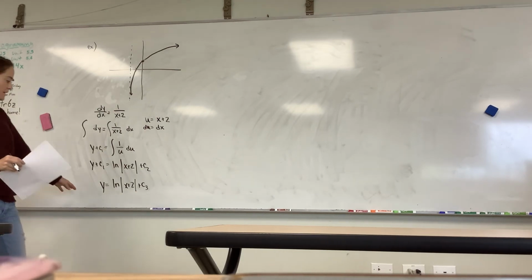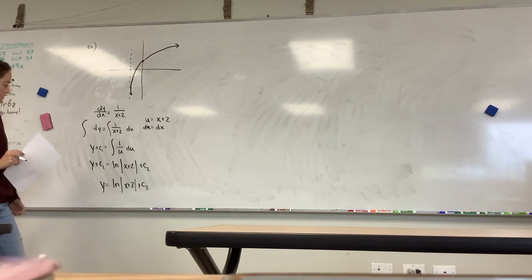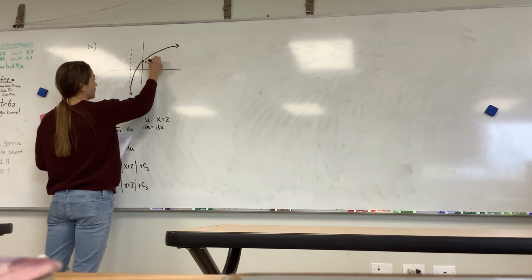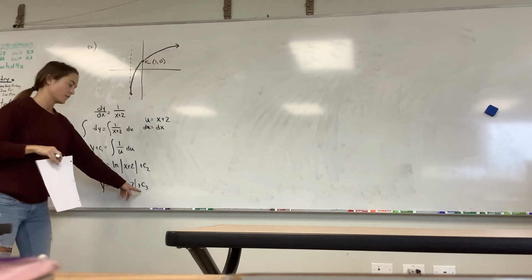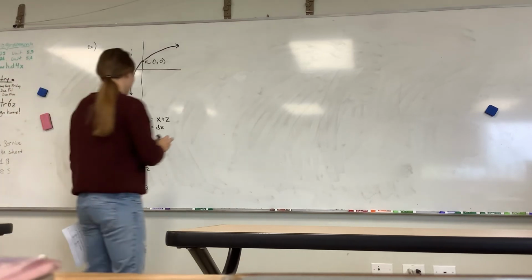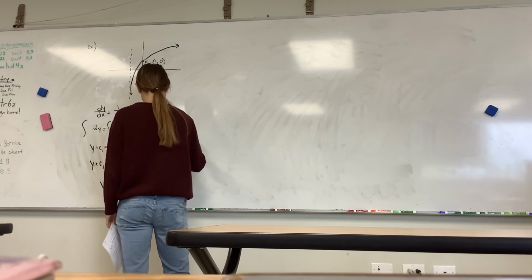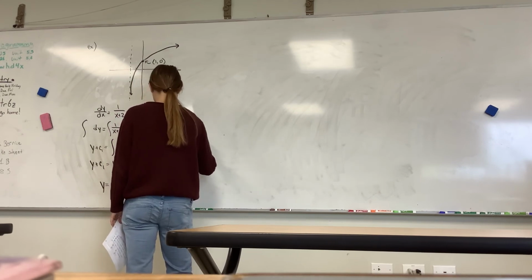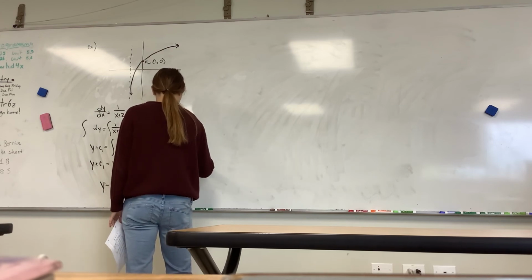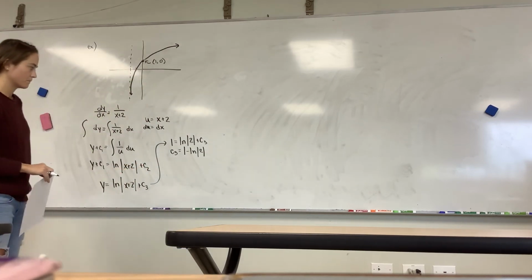Now, we are asked to find a particular solution. C3 is a generic solution. So what we need to do is use our point that we're given, right? This is (1, 0), to figure out what C3 is. So if we plug in 1 and 0 here, we get that 0 is equal to the natural log of 2 plus C3, or that C3 is essentially 1 minus the natural log of 2, which is just some number.